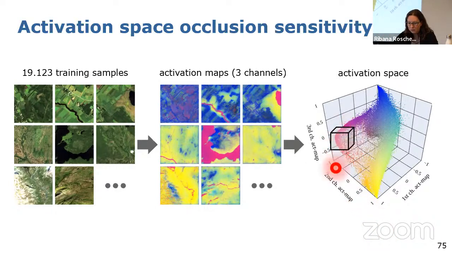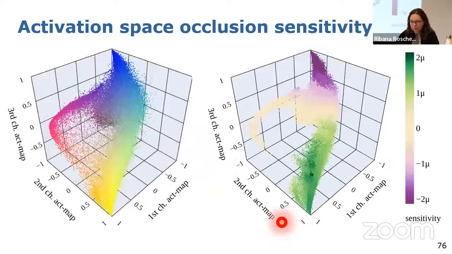Here we set all this to 0. So when you look at this middle image here, and if we set this to 0, this is actually what's happening. All the values in these activation maps are set to 0. Okay, so then we did this for the whole space, and then we computed.